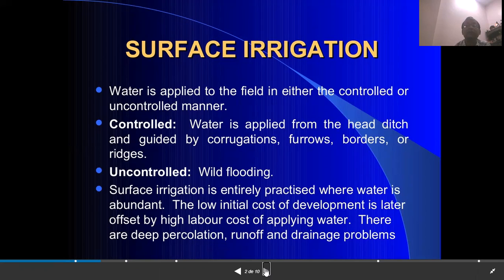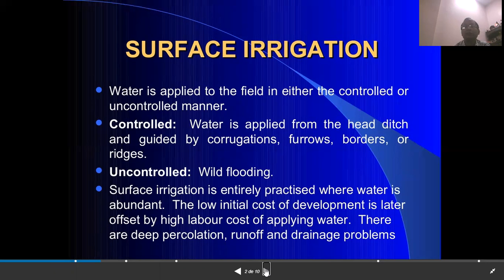Wild flooding means we provide a water stream to the field and leave it till the field is flooded.